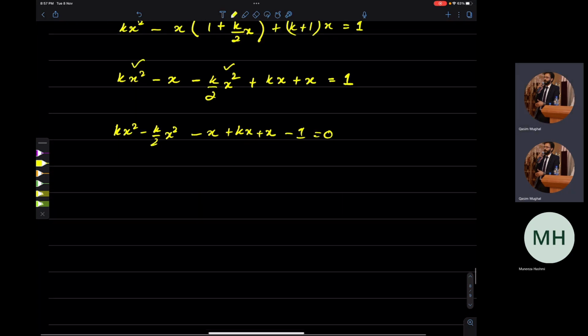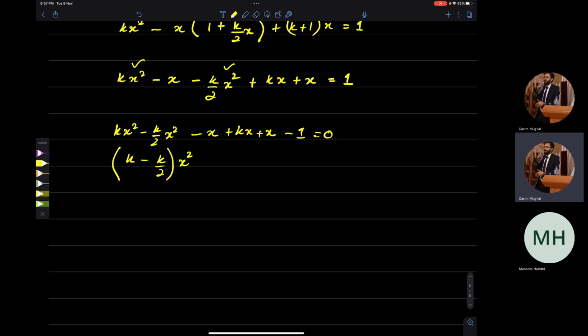Yes, sir. Now, if I take x squared as common, and k as just x squared, so that I can split the coefficients: k minus k over 2, and then x squared. And then from the next part, if I take minus x as common, inside I'll be left with 1 minus k, minus, oh, that's easy.